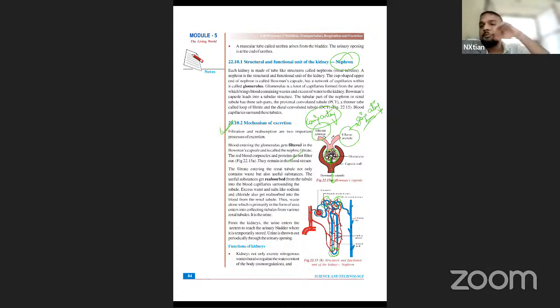For example, if you do not urinate for a longer time, the urine will become concentrated and turn yellowish. Why the yellowish color? Because the water needed by the body has not been reabsorbed by the body. Understood? That's why you have to drink a lot of water. Understood?